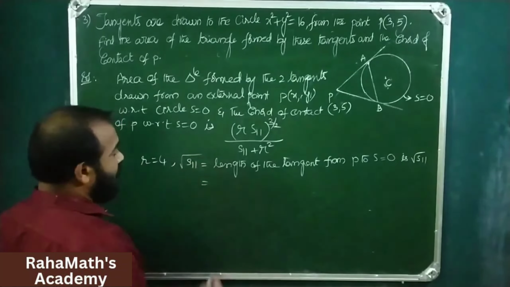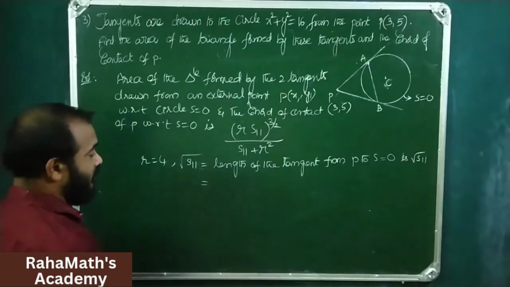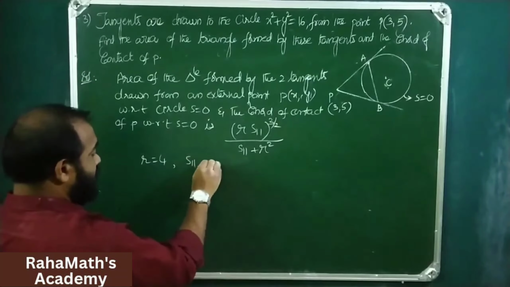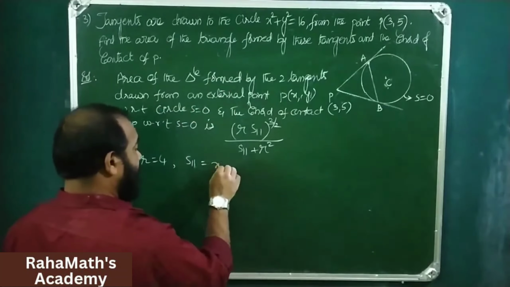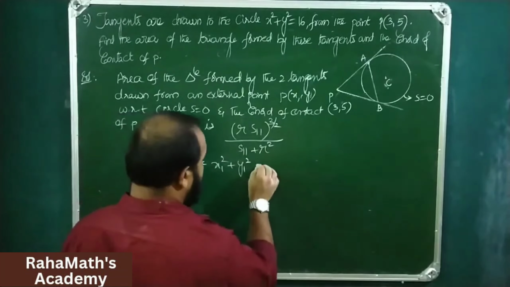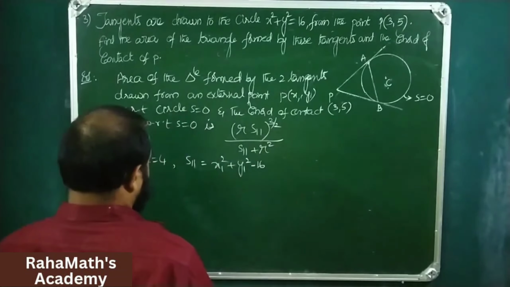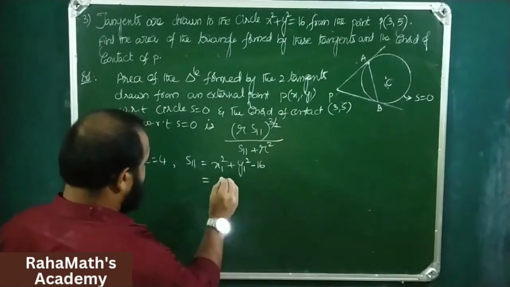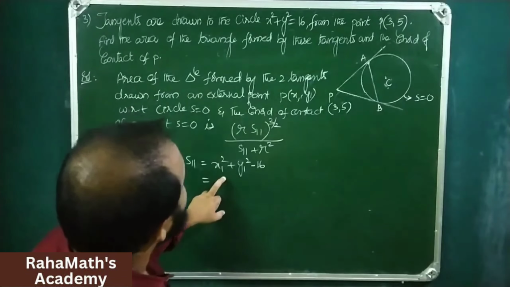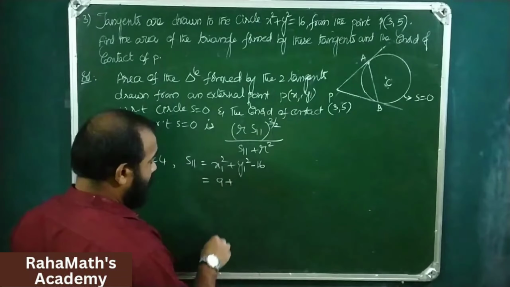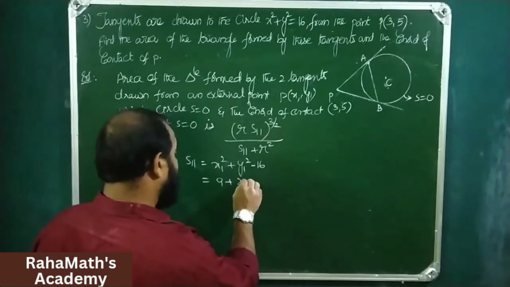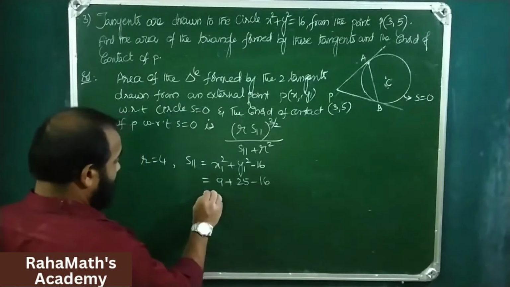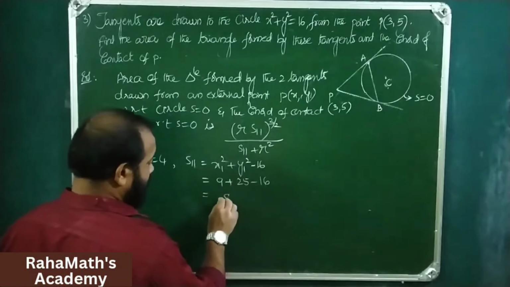And S11 is x1 square plus y1 square minus 16. That is 3 square, 9, plus y1 square, 5 square, 25, minus 16. So 9 plus 25 is 34, minus 16 is 18.